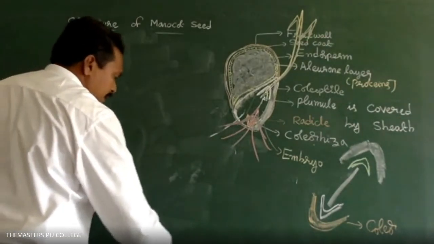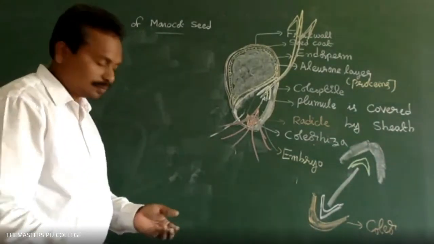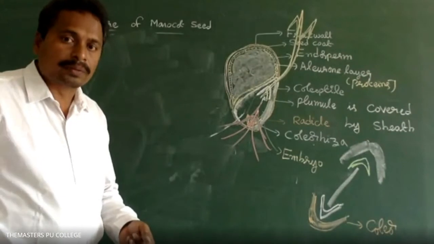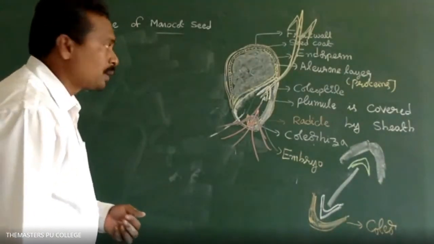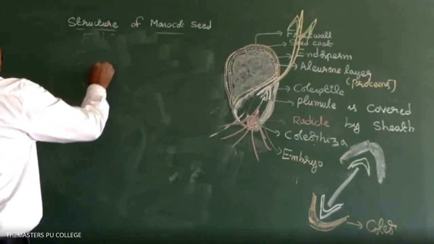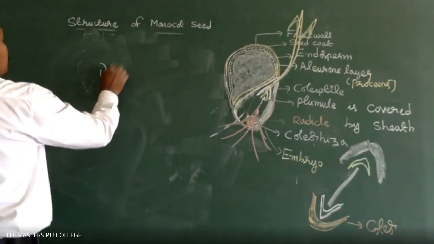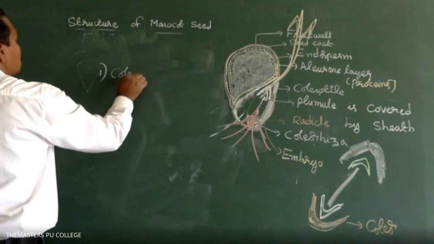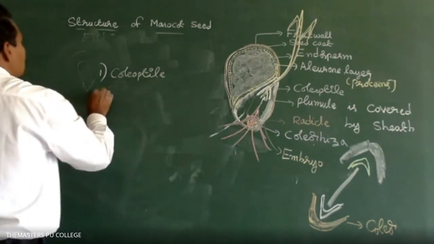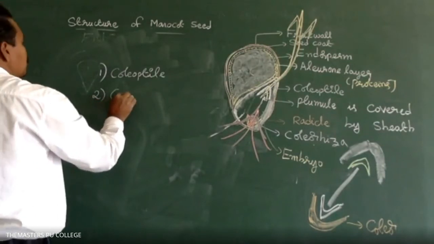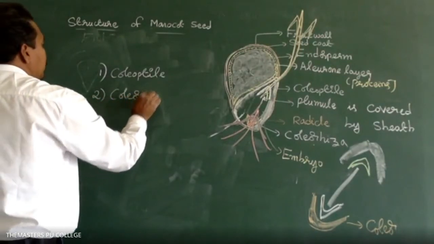Which of the following parts are present in a monocot embryo? Option 1, coleoptile. Option 2, coleorhiza.